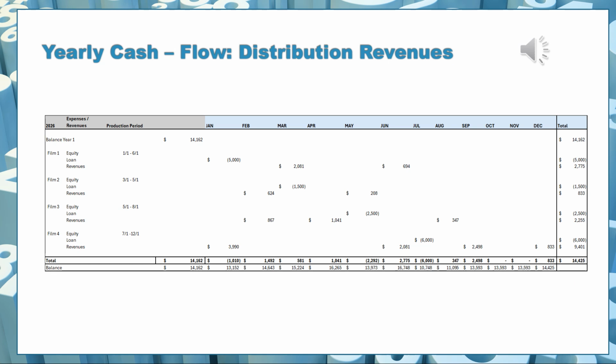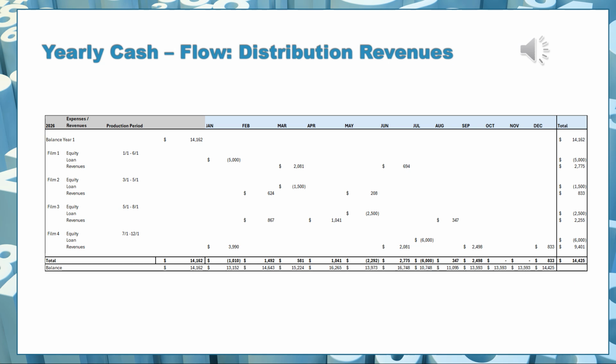So in essence, what we're going to do is basically straightforward and run the balance through. So in year 1, as you remember, we had generated 14,162,000, and that was obviously including the equity.